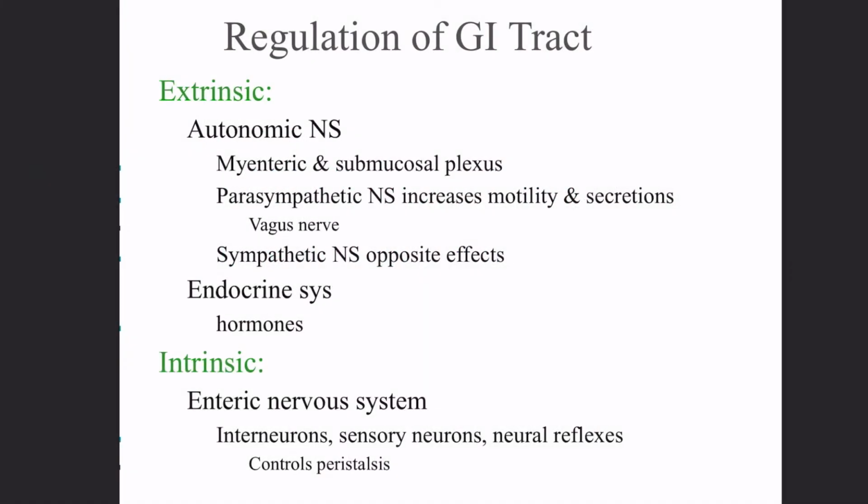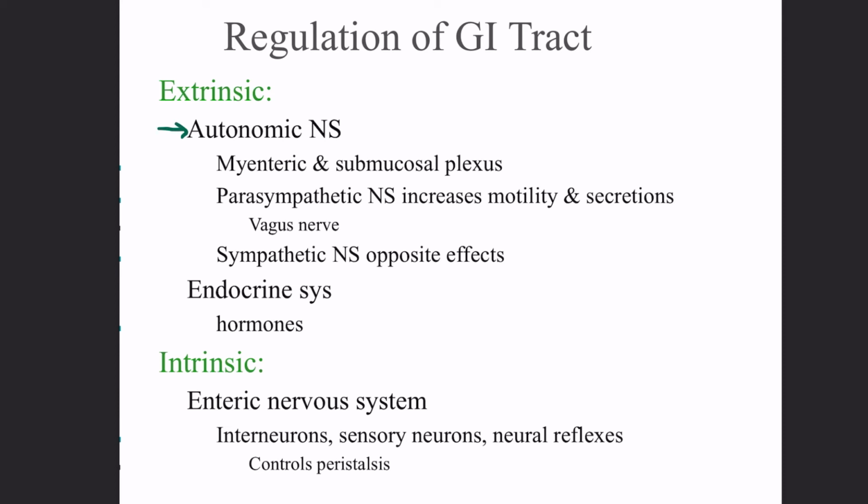All right, the last part of our digestive physiology is talking about how it is regulated. And we can break that up into two types: extrinsic, meaning outside of the GI tract. And here we have control via the autonomic nervous system.